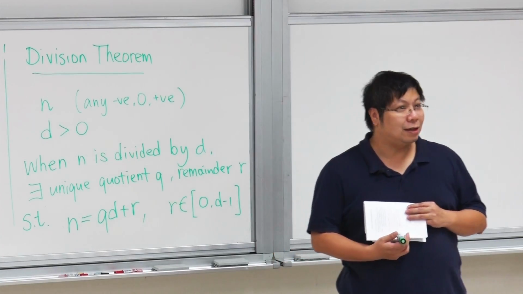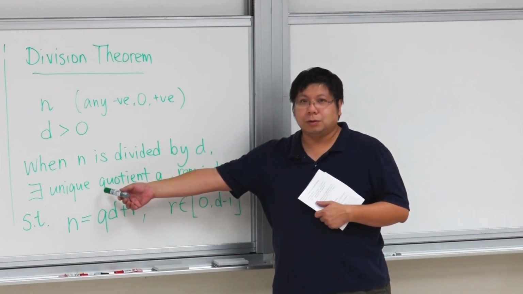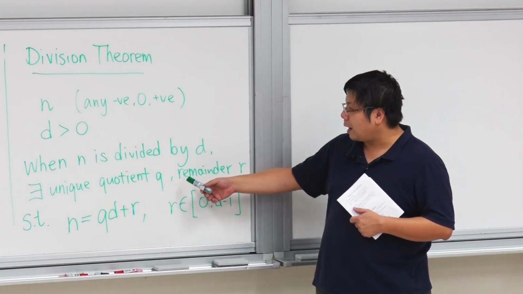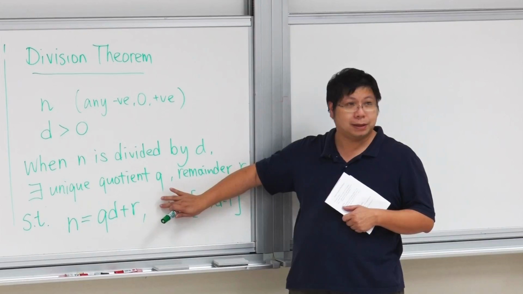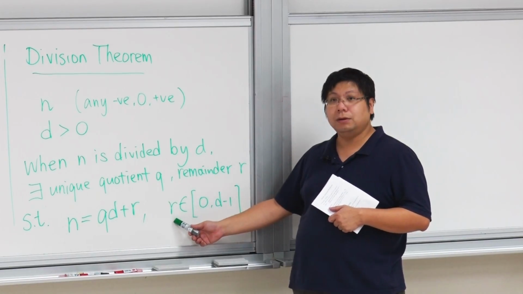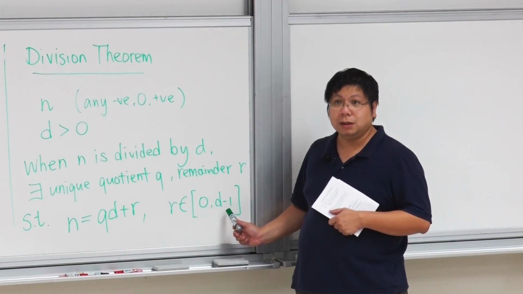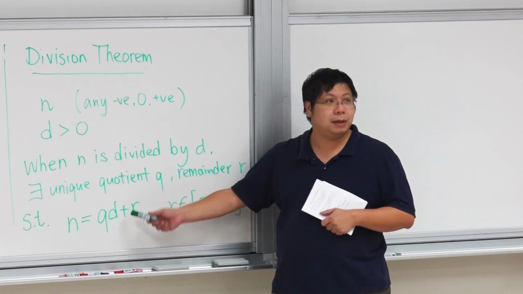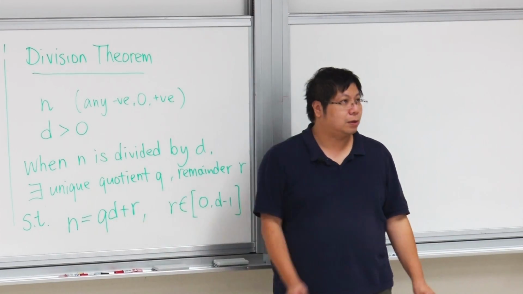First of all, there are many q and r pairs that satisfy n equals qd plus r. There are infinite pairs. But when we restrict r to be between 0 and d minus 1, there will be a single r that works, and a single q that works.